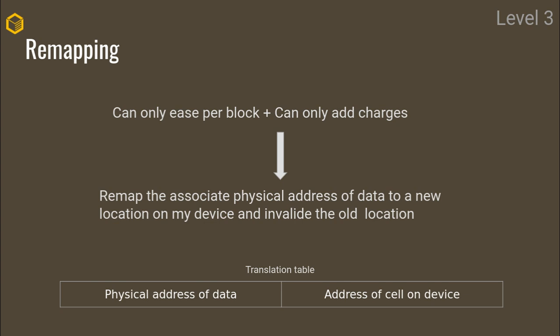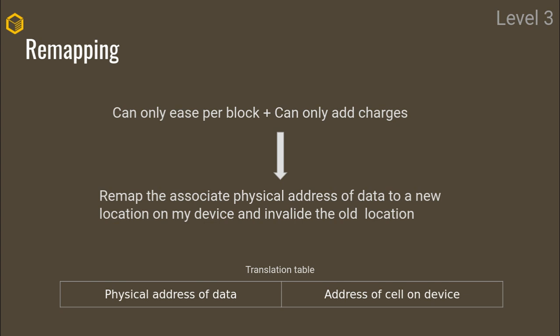So I actually have some address translation table where I have the physical address of the data. So this is the address that your computer would know of, and inside your SSD controller, it has an address of the cell on the device. And so let's say I wanted to erase a bit. Well, instead of doing it per block, I would simply look for a page that is free, that maybe has been erased sometime in the past.